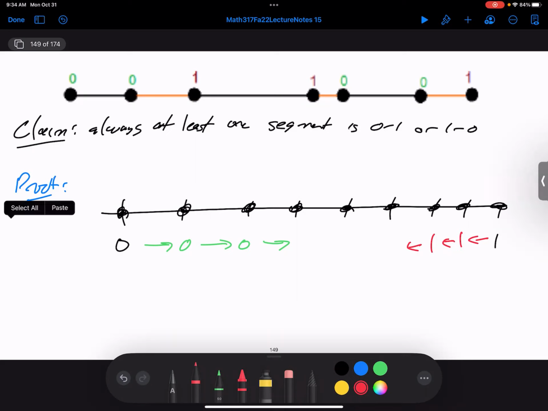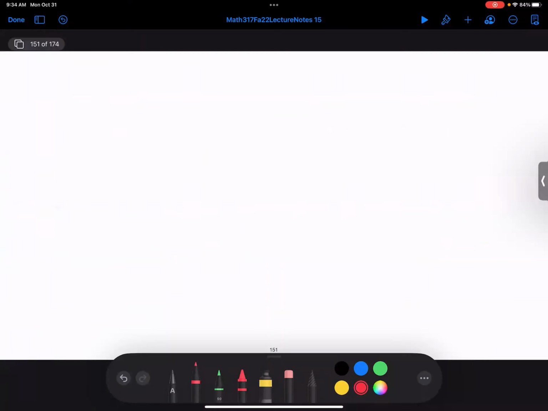Okay, so now let's go back to this lemma. So we want to show we always have a 0, 1, 2 triangle.